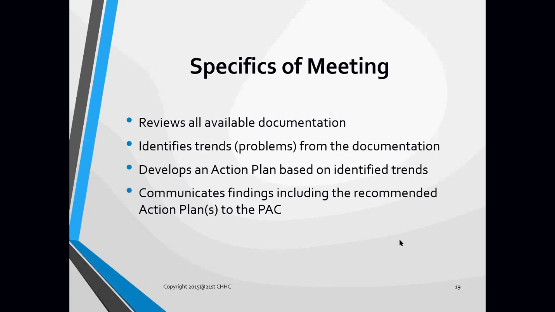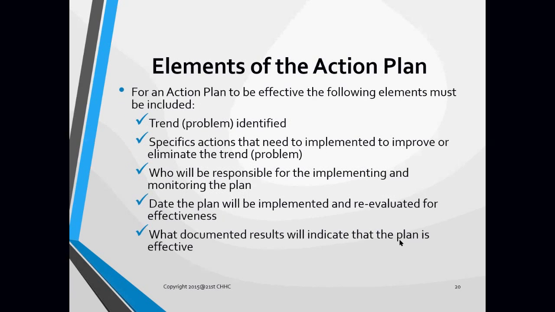First of all, we want to identify the trend or the problem. We want to identify specific actions that need to be implemented, either to improve the problem or trend or eliminate it, if possible. Also in that plan, we're going to include who's going to be responsible for implementing and monitoring the plan.